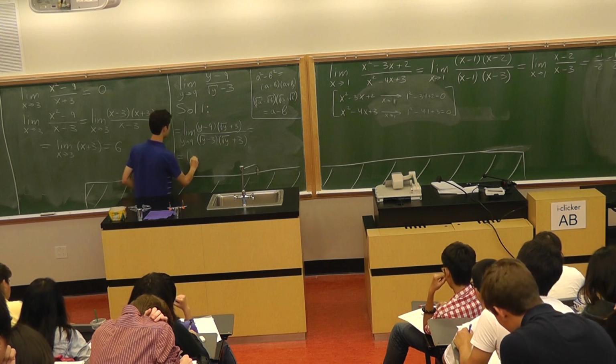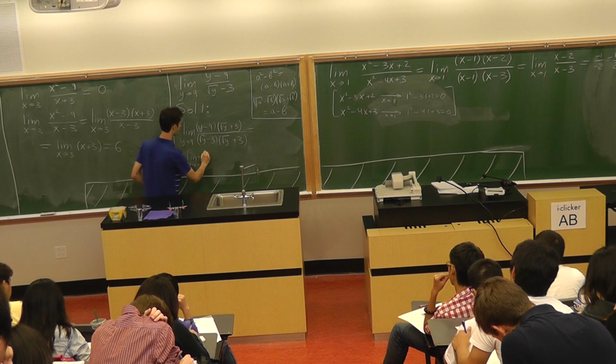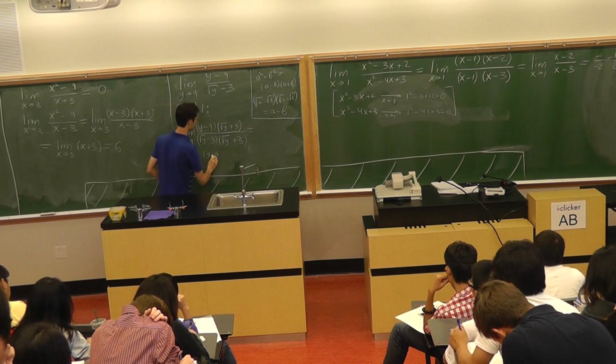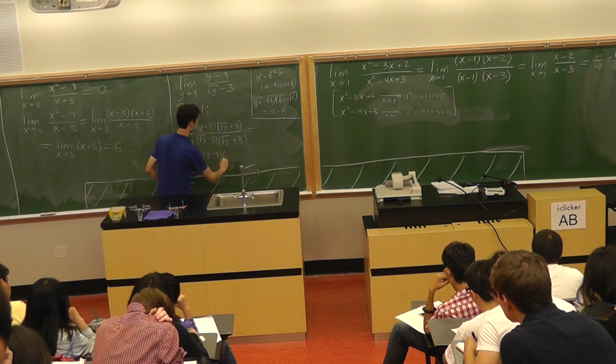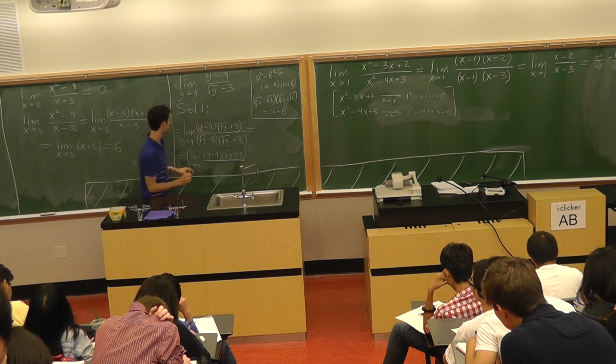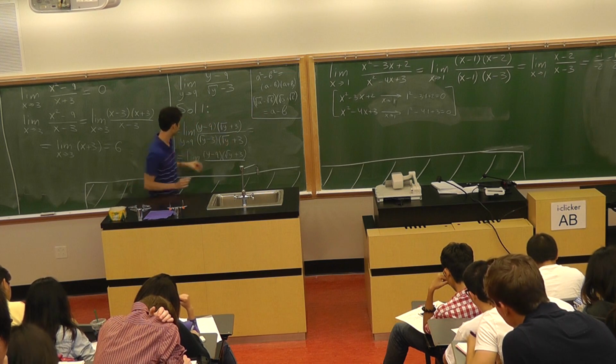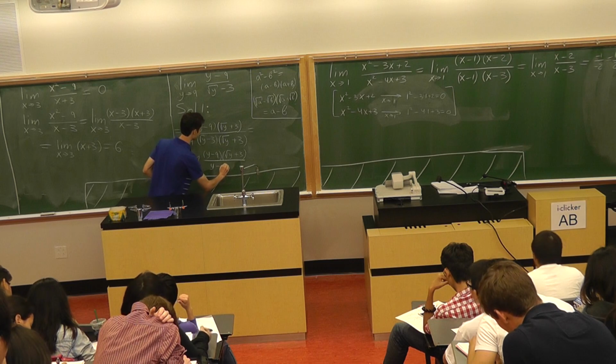So it is the same as the limit as y tends to 9 of (y minus 9) times (square root of y plus 3), and in the denominator, I have square root of y squared minus 3 squared, so y minus 9.